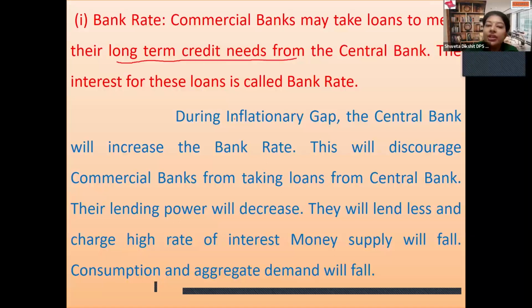Whenever there's an inflationary gap, the RBI increases the bank rate. Remember these two keywords: increases the bank rate and inflationary gap. You need to write this in your answer.